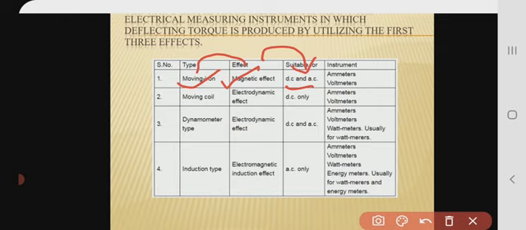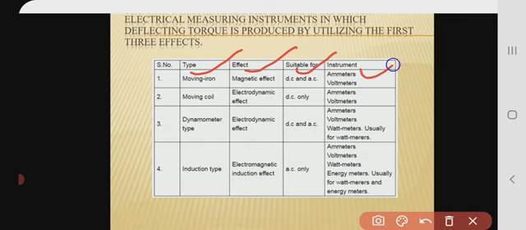The instruments in this category are ammeters and voltmeters. The moving iron type instrument works on the magnetic effect and produces deflecting torque, and it is suitable for both DC and AC instruments, and the ammeter and voltmeter come under this category.